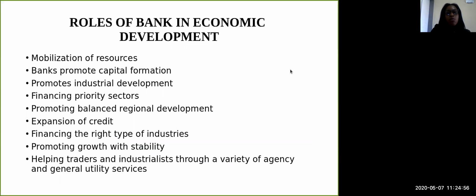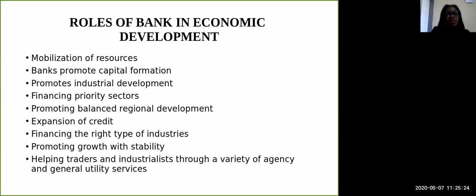So we'll now move on to the roles of banks in economic development. So the following are the roles. I'll just read them out and in the next slides they'll be explained. Mobilization of resources is one role of banks in economic development. Banks promote capital formation, that's the next one. The next is promotes industry development.